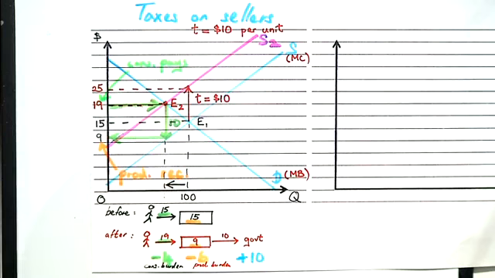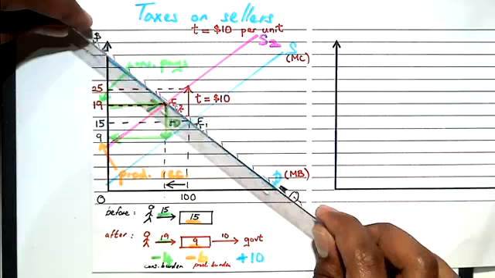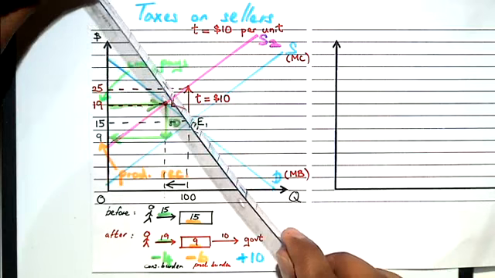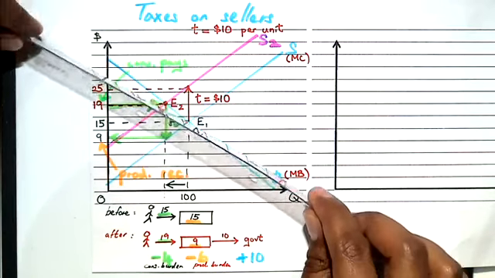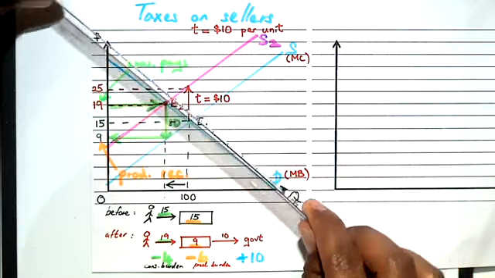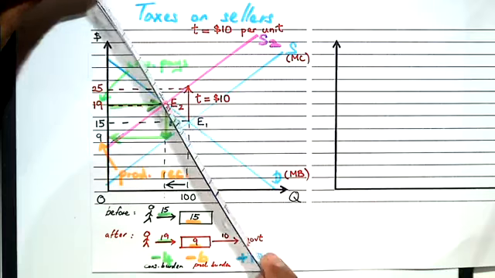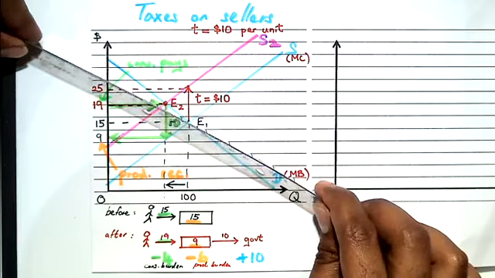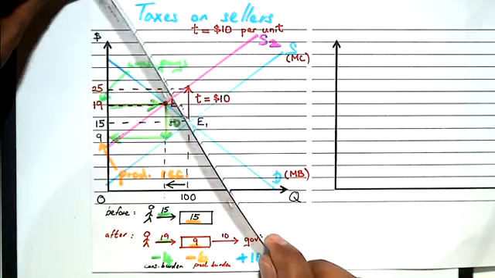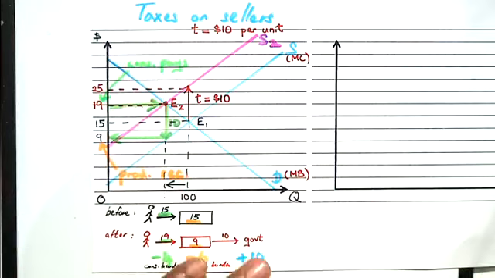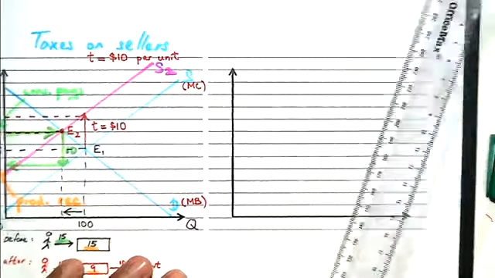So, the size of your share depends on the elasticity, i.e. the slope. The size of the share that you pay depends on the elasticity, depends on the slope. I'll show you what I mean.